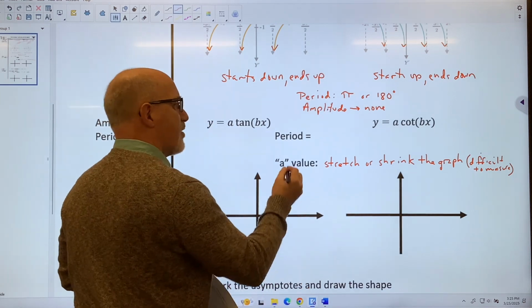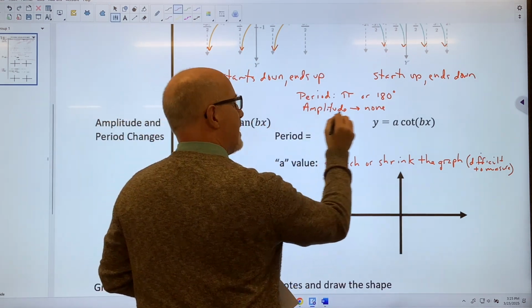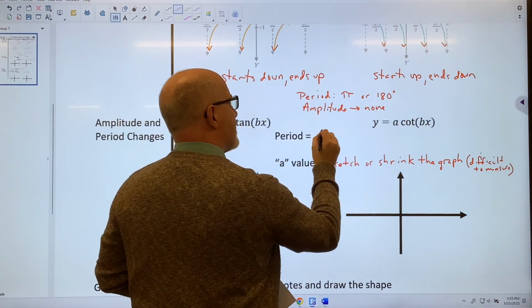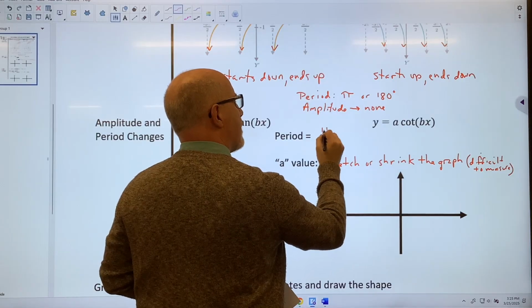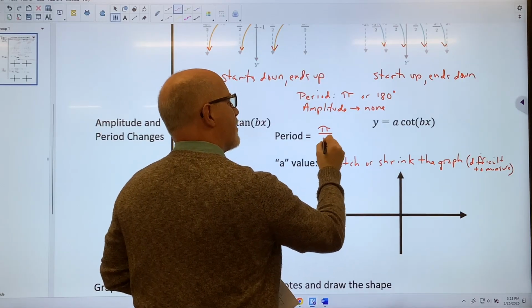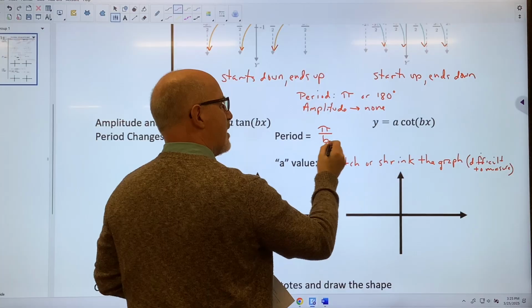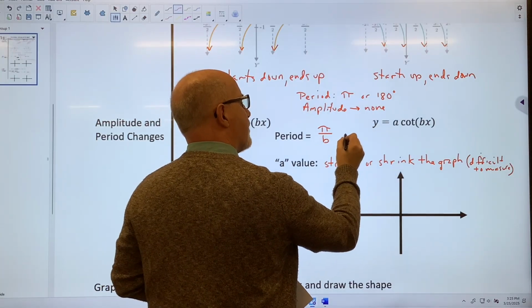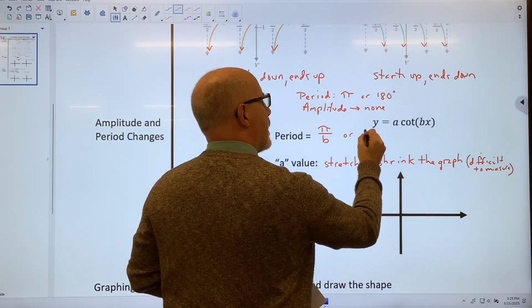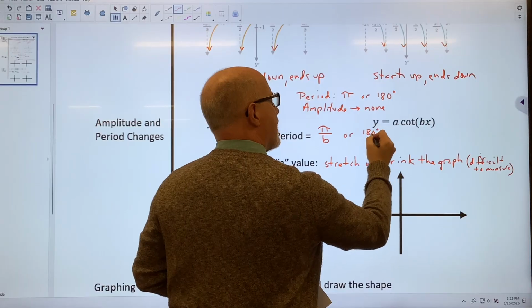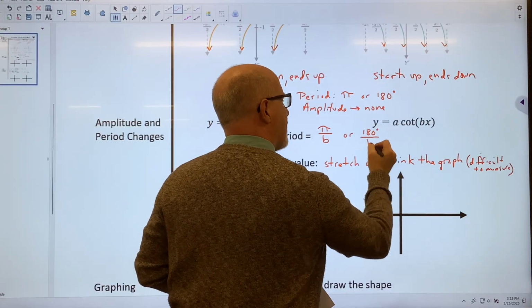The period, on the other hand, we're going to take this b on the inside, and if it's in radians, we're going to take pi divided by b for our period using this formula, or if we're dealing with degrees, it's going to be 180 degrees divided by b.